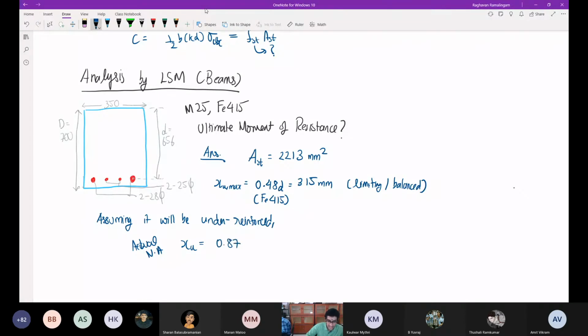The actual neutral axis you can find by, you can just remember this, it comes from compression equals tension. So XU equals 0.87 Fy AST divided by 0.36 FCK into B. Fy is this, FCK is 25, B is here. Everything is there. So what do you get for XU?